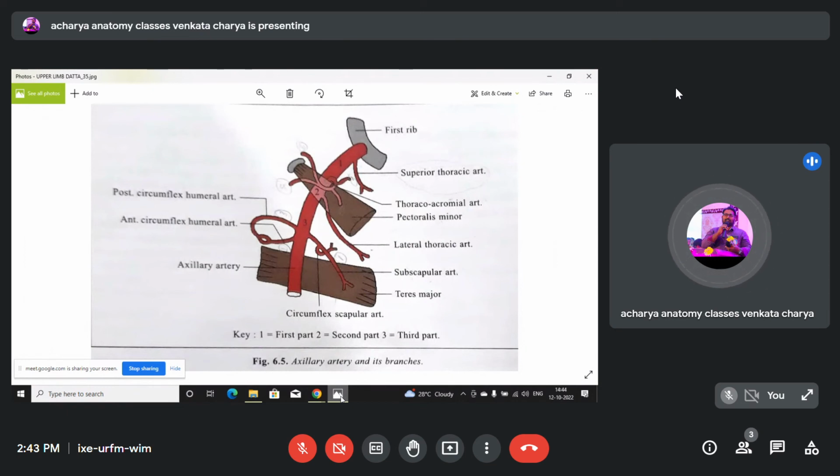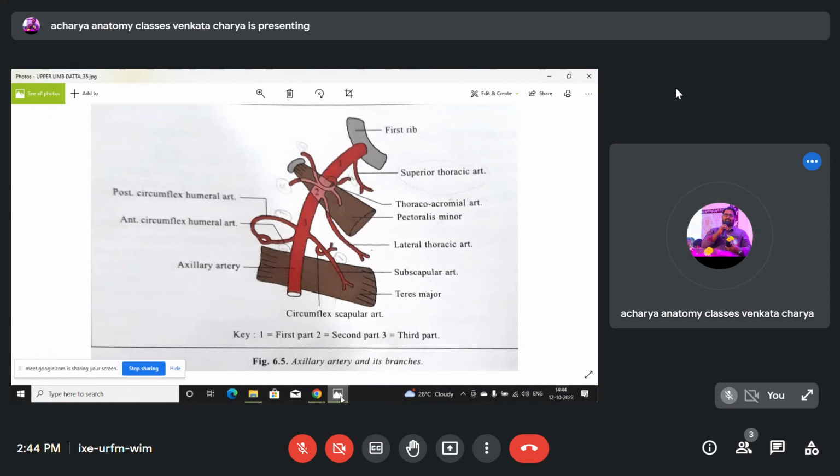This one is a muscle, the pectoralis major muscle. So this part is the first part. The first part of the axillary artery gives one branch called the superior thoracic artery, one branch only.